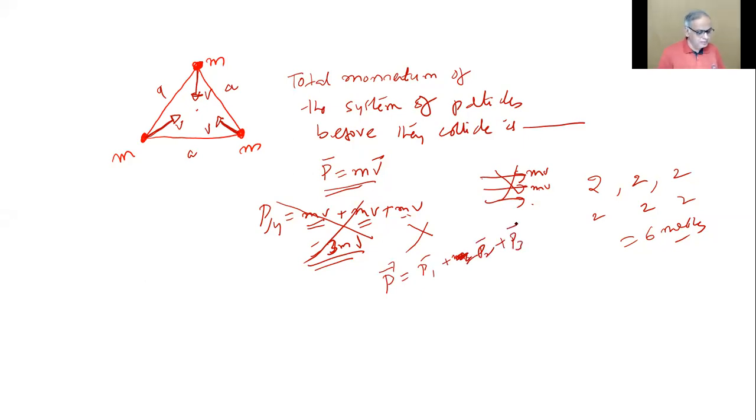It is only telling that you have to add vectorially. That's all. It doesn't tell you how much this is. It only represents that the vector sum of P1, P2, P3 is P. How much is it and what is the direction of it? We need to follow what? Cosine rule.